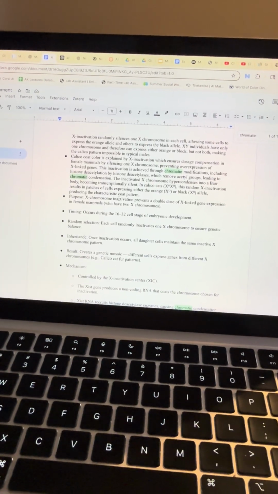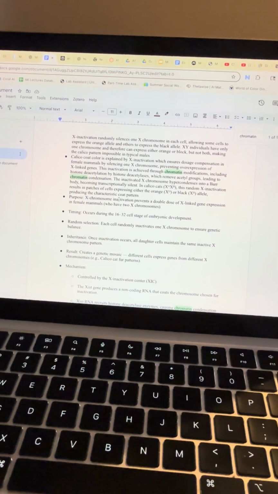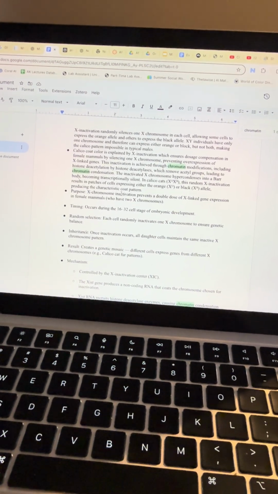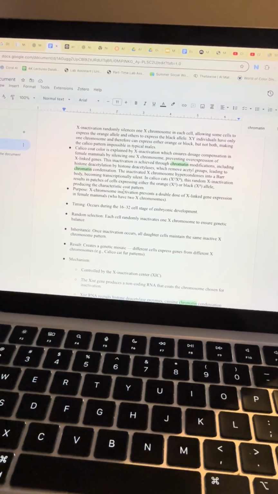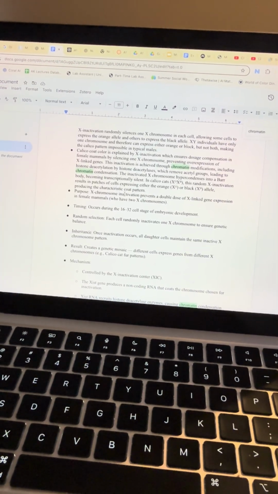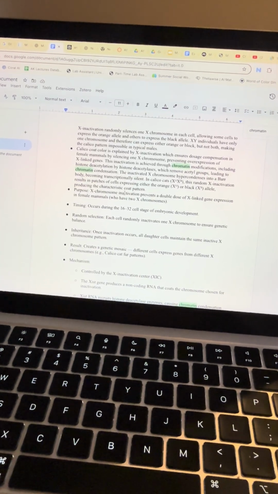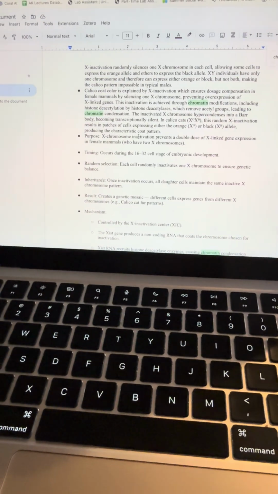The inactivated X chromosome hypercondenses into a bar body, becoming transcriptionally silent. In calico cats, XO XB, this random X inactivation results in patches of cells expressing either the orange XO or black XB allele, producing the characteristic coat pattern.